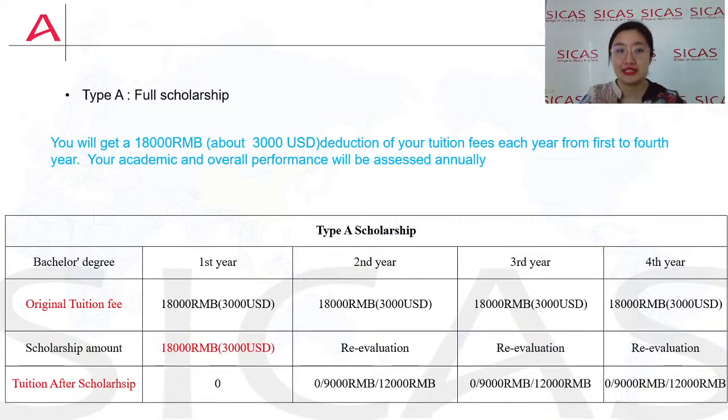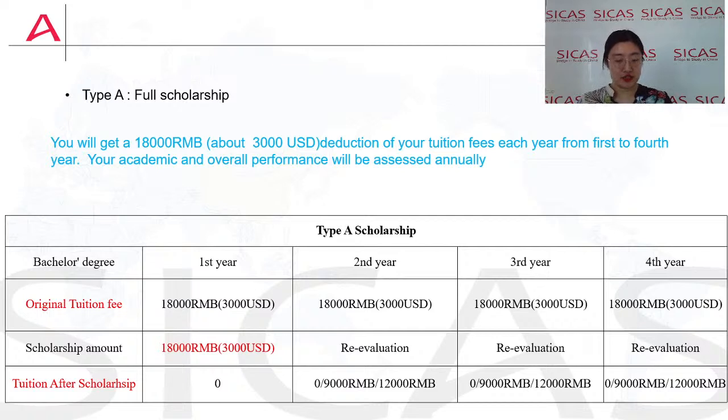Okay, let's break it down and look into the details. For type A, the full scholarship, you will get an 18,000 RMB, around 3,000 USD, deduction of your tuition fees each year from first to fourth year. Your academic and overall performance will be assessed annually. For the bachelor degree, as you can see, the original tuition fee was around 3,000 USD all across, and the scholarship amount for the first year is the total amount of the tuition fee.